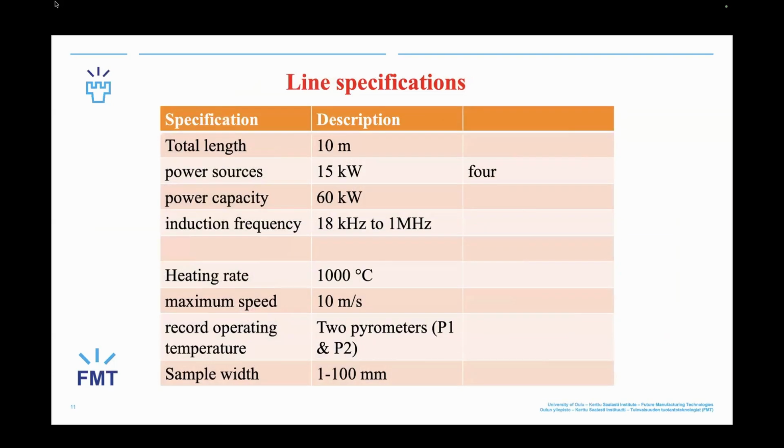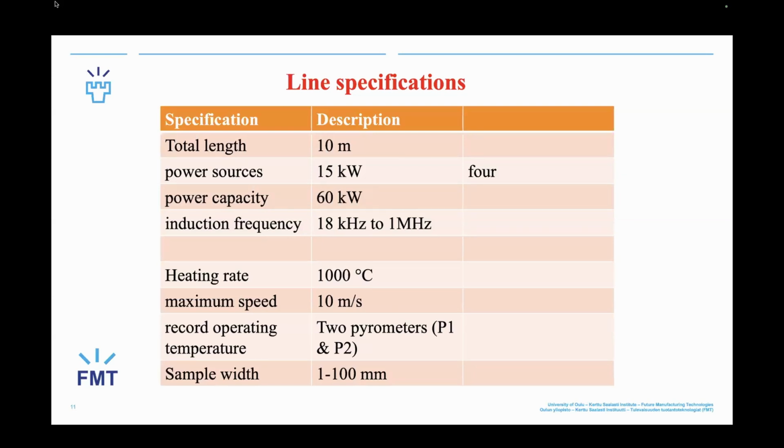This is the line specification and the sample description. We have used power sources of about 15 kilowatt, with a total power capacity of about 60 kilowatt. Using this line, we can apply a heating rate of 1000 centigrade per second. For the Gleeble, we normally use 200 to 500 maximum.